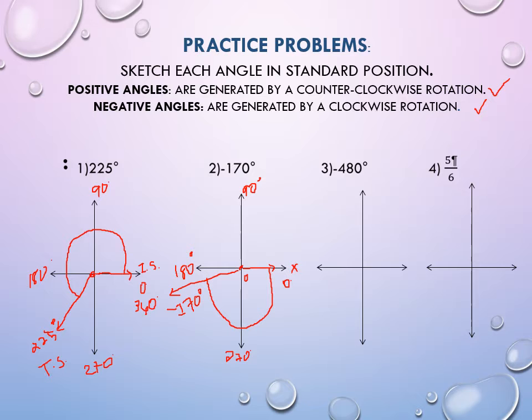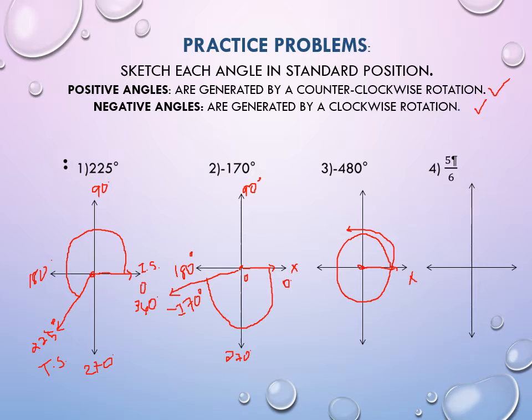Now look at this one. This one is negative 480, so it's going to go a little bit more than one revolution. We start on the vertex, our standard position on the positive side of x. We already know that we have to do a complete revolution, which is 360. Then we continue and add 90 more, and 360 plus 90 is 450, and then 30 more would be 480.